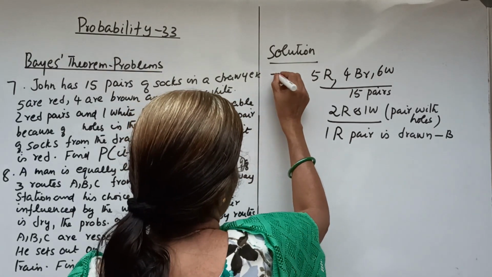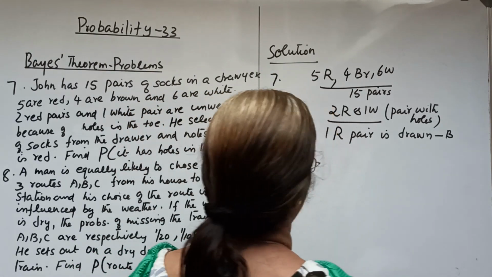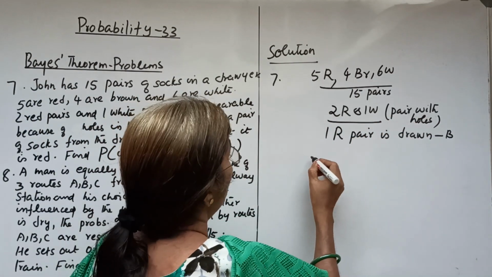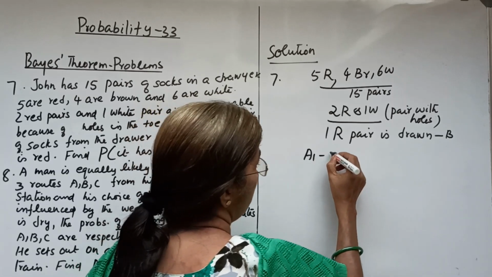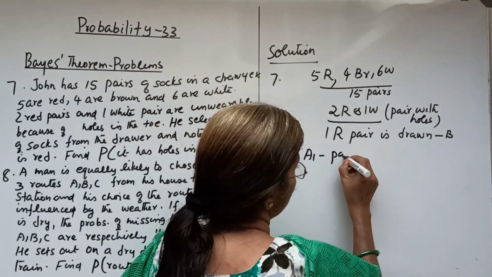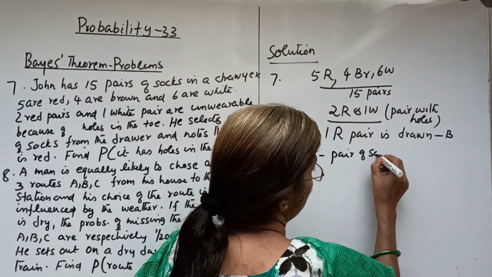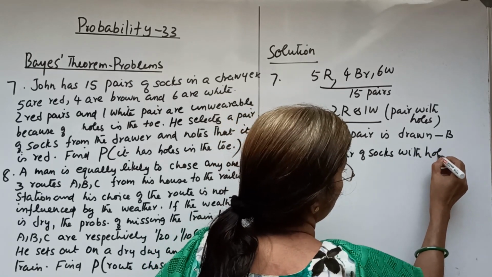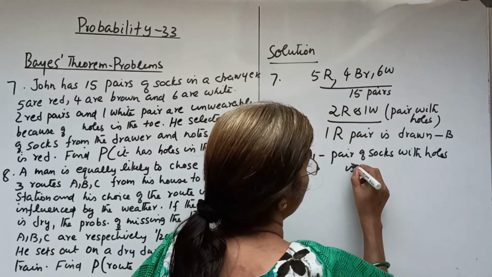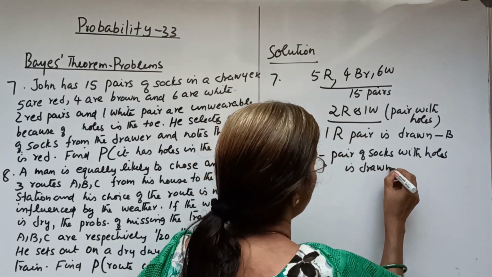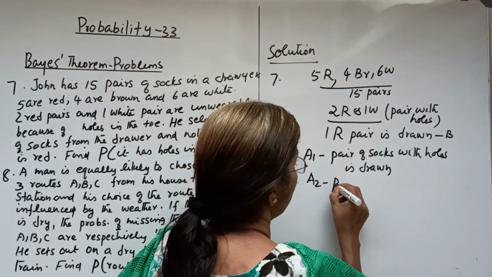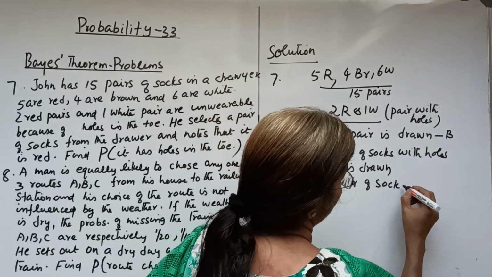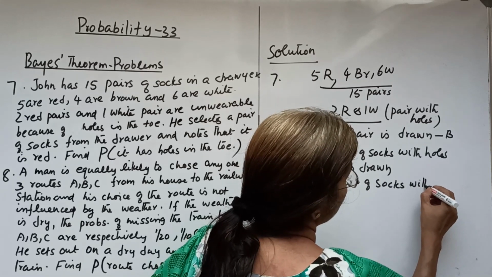It is B. So let us consider the alternatives: A1, a pair of socks with holes in the toe is drawn, and A2, a pair of socks without holes is drawn.